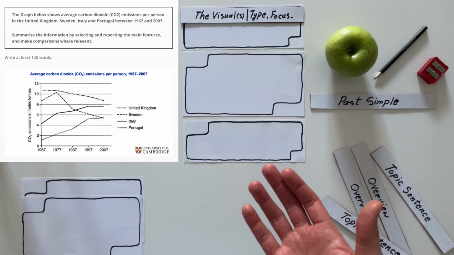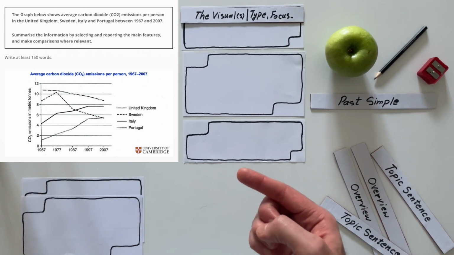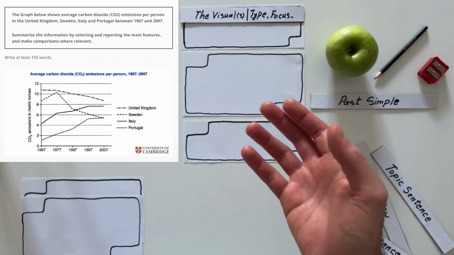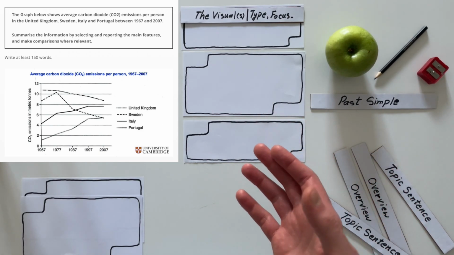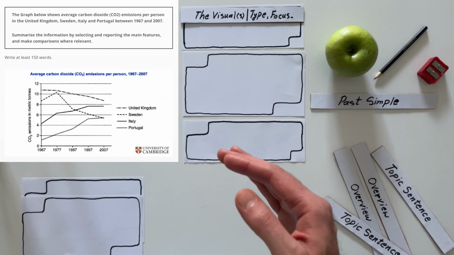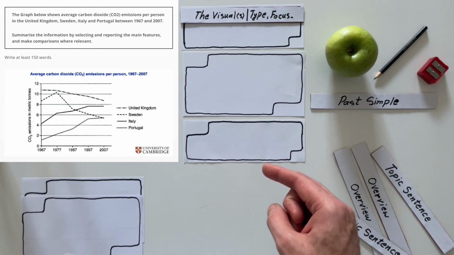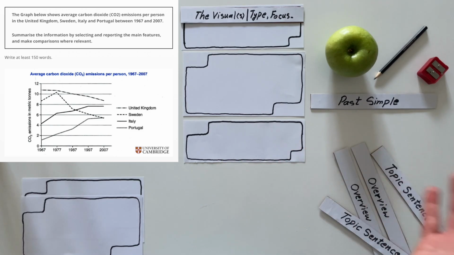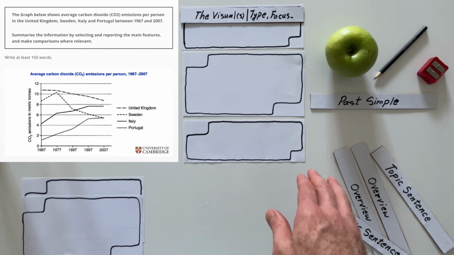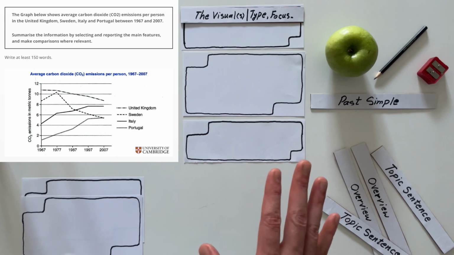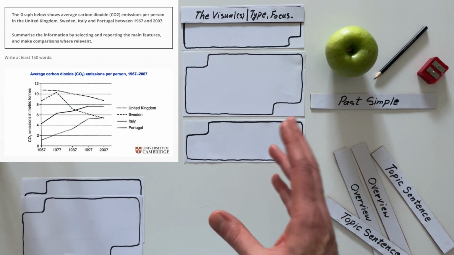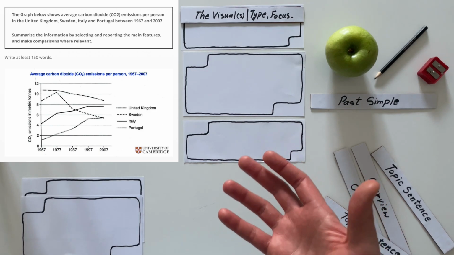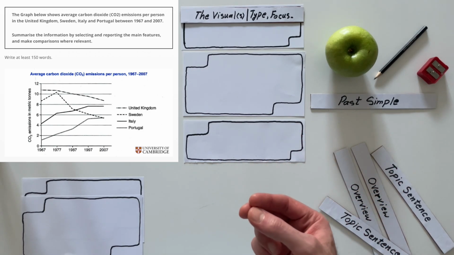So on average, it shows the amount of carbon dioxide, which is also known as CO2, that every individual in these 4 countries emitted in the years given. That is also going to be added there, but just these lines that go up and down, they show the average carbon emission for every individual.